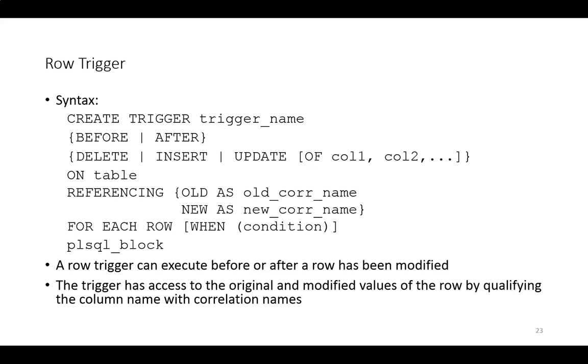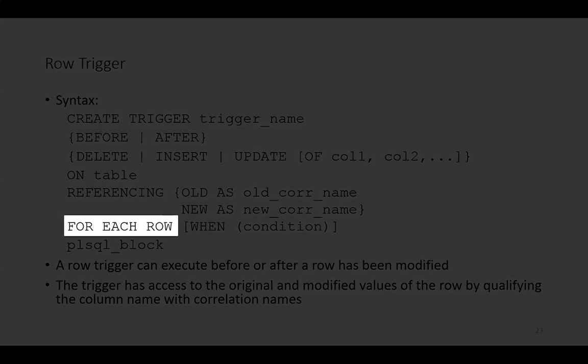The difference comes next. We can specify that it is going to fire for each row that will be processed by the statement. This is what makes it a row-level trigger.